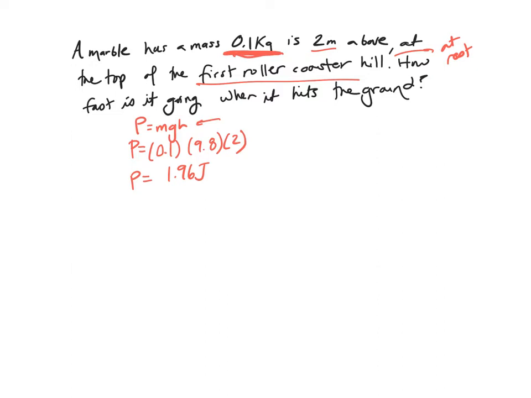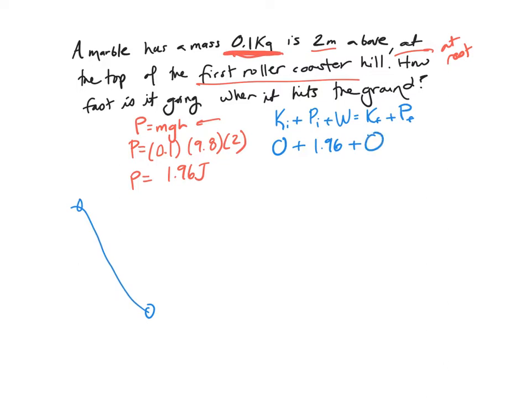Well, we're comparing two different positions here, at the top and here at the bottom, for one mass. So we're going to want to use that equation we always use: Ki plus Pi plus work equals Kf plus Pf. So let's plug some stuff in. At rest, plus 1.96, plus the work.